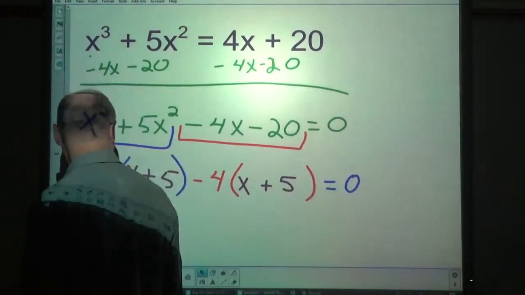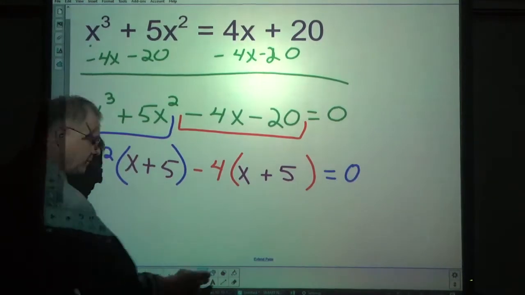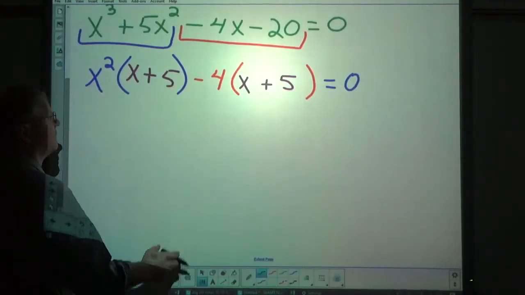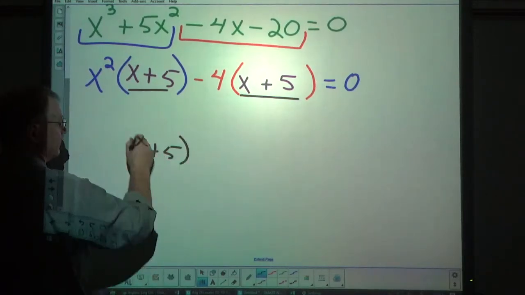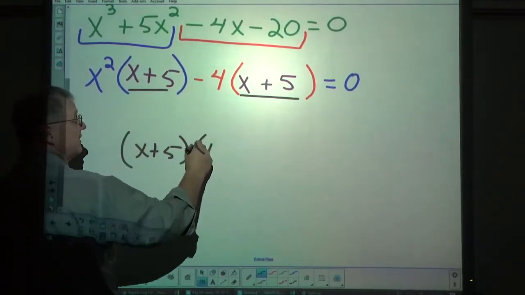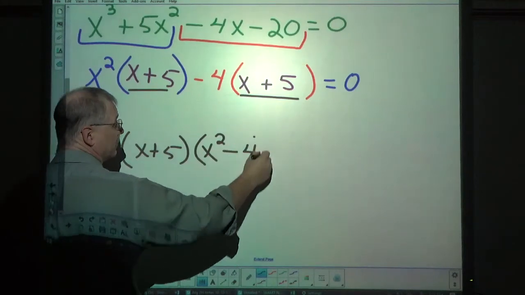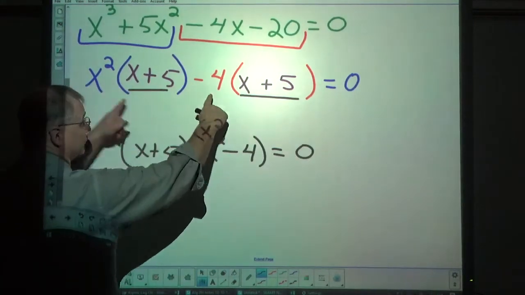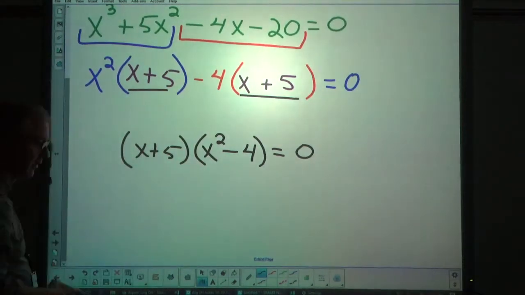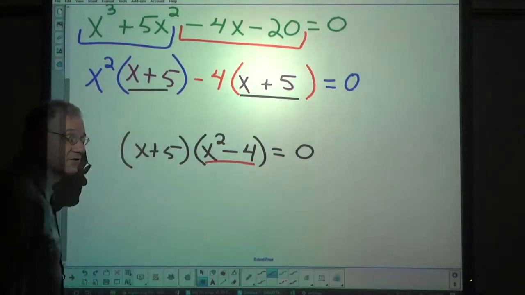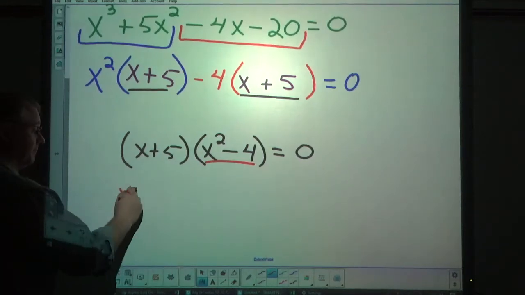The next step in this process of factoring with group factoring is you factor out the parenthesis, x plus 5. That leaves me with x squared minus 4 in the other parenthesis. These go in their own parenthesis when we factor out the x plus 5. Well, it turns out this is difference of two squares, so we can factor that.